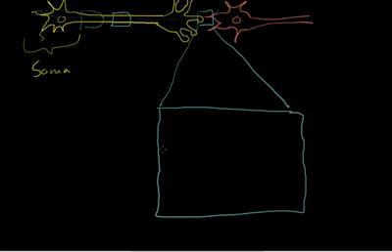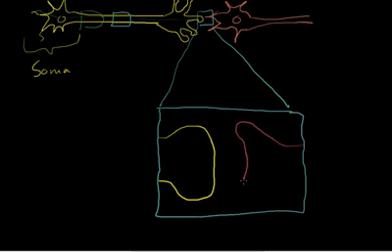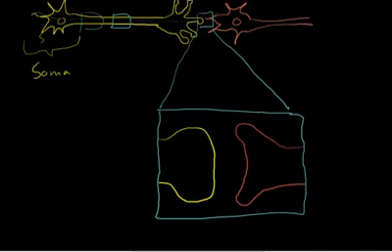And the end of this terminal, or the terminal button of the first neuron, I'm going to draw like this. I have no idea if they actually look like this, but this is the way that I see it drawn. And then the dendrite of the next neuron is sort of drawn like an innie to the other's outie. Okay?